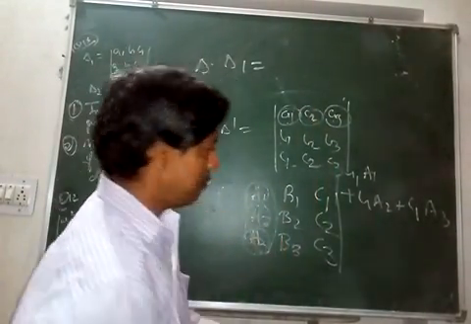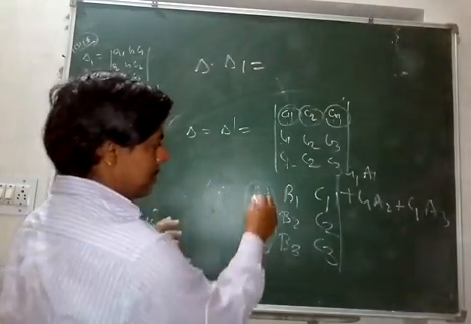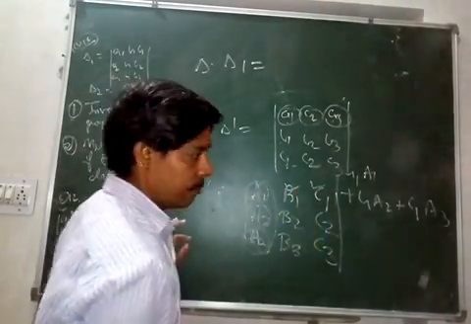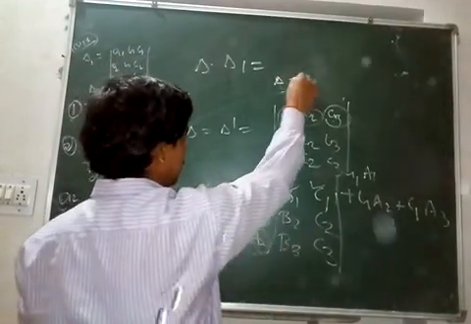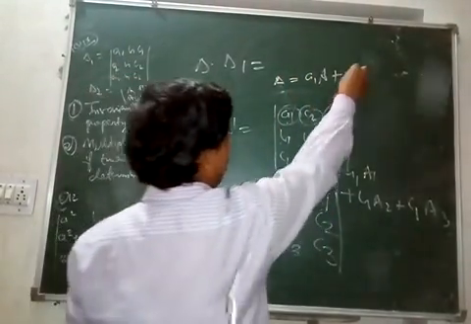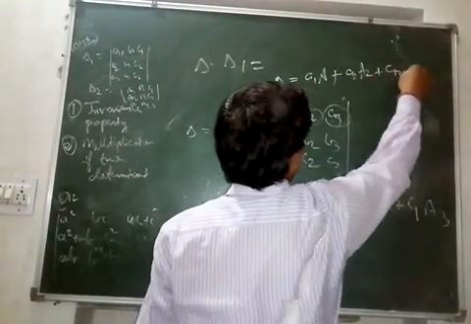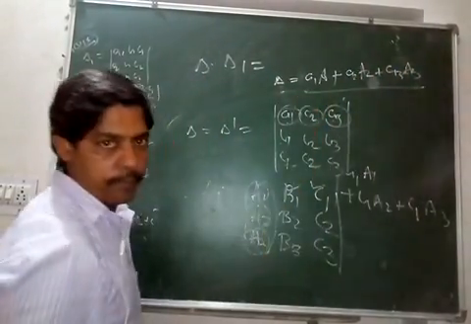So based on this, we have another question, which is question number 13. Remember, if these are cofactors, then delta is also equal to A1 A1 plus A2 A2 plus A3 A3. This is also equal to delta.